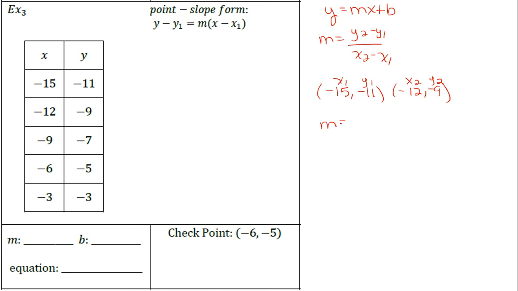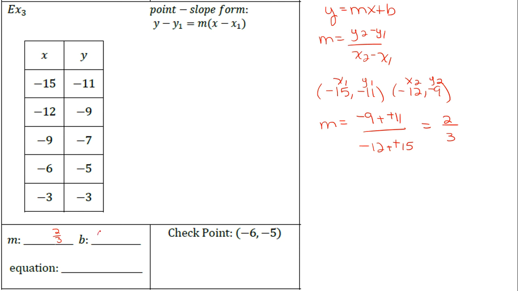And plugging that into our formula, we have -9 minus -11, and we have -12 minus -15. And our rise is 2, and our run is 3. So our slope is 2 over 3.